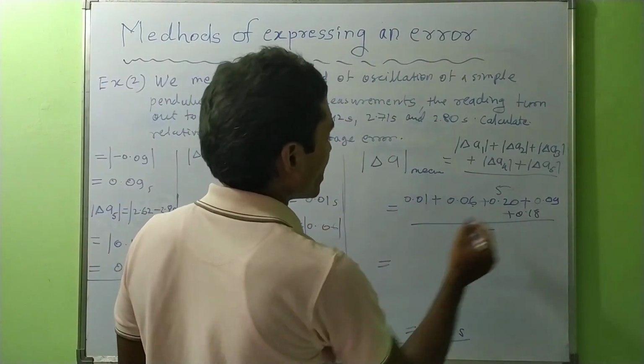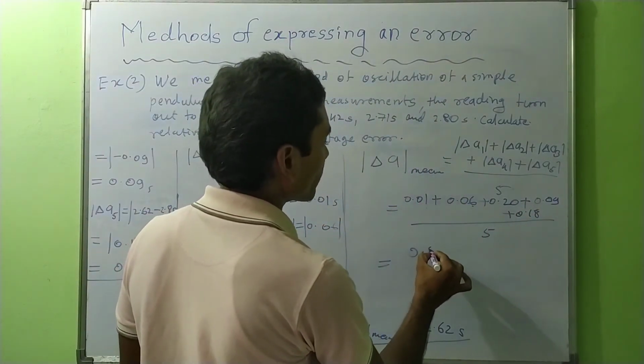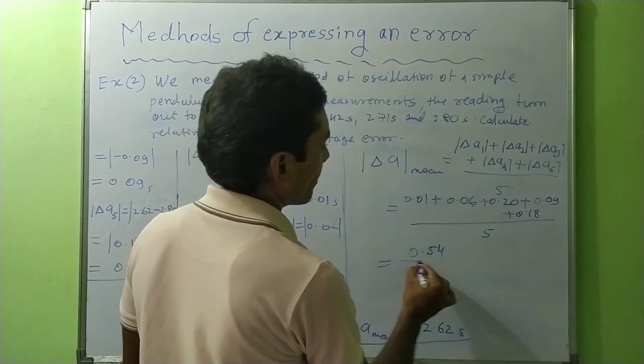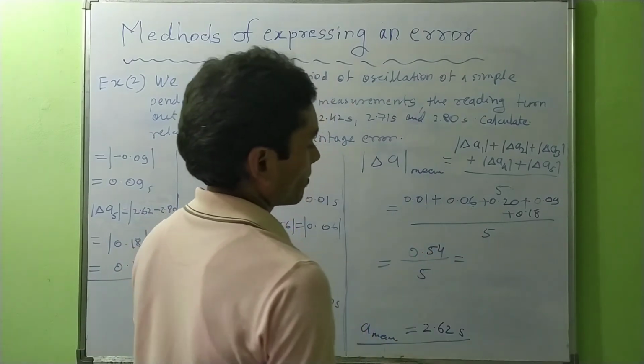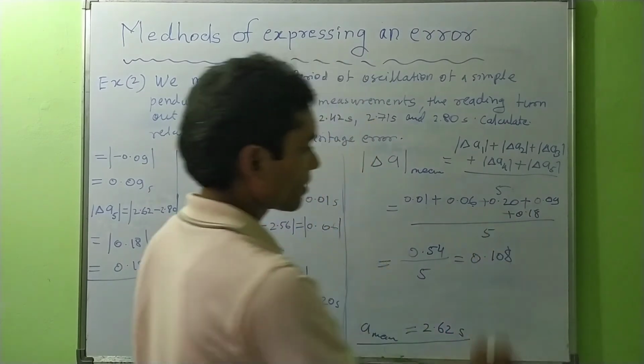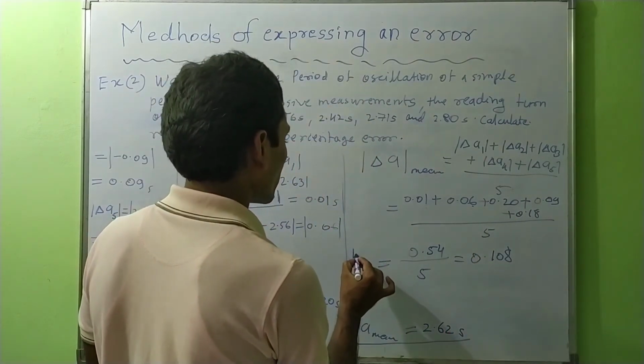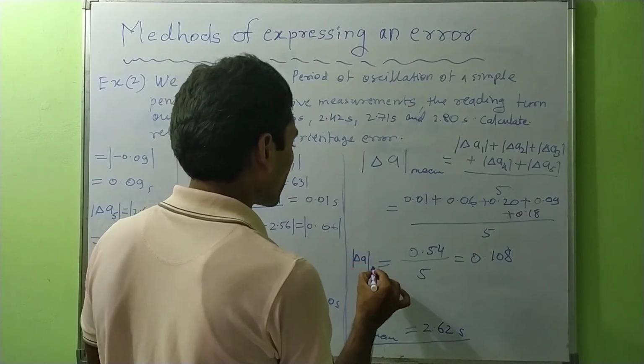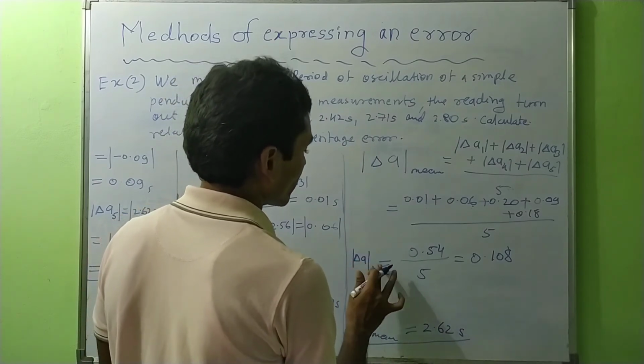Sum of the numerator will be 0.54 upon 5. It will be equal to 0.108. This is equal to del A mean.